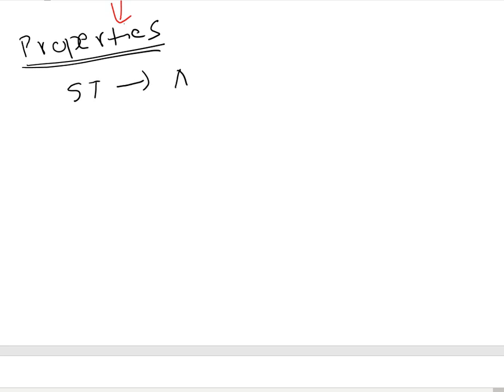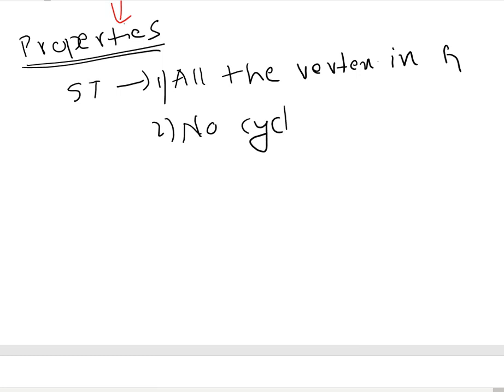A spanning tree should consist of all the vertices in graph G, and second, no cycle or loop should be there in the graph. That may be graph G1.